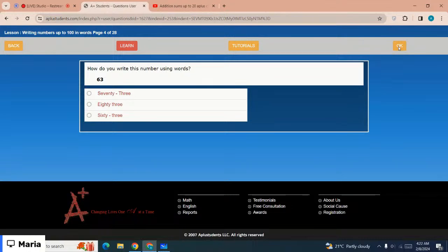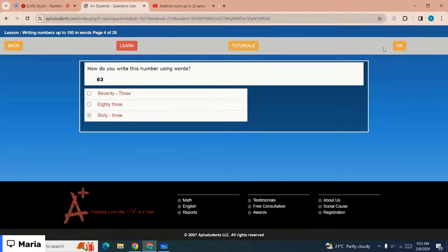So, which is the correct option? You can read this number as 63, right?